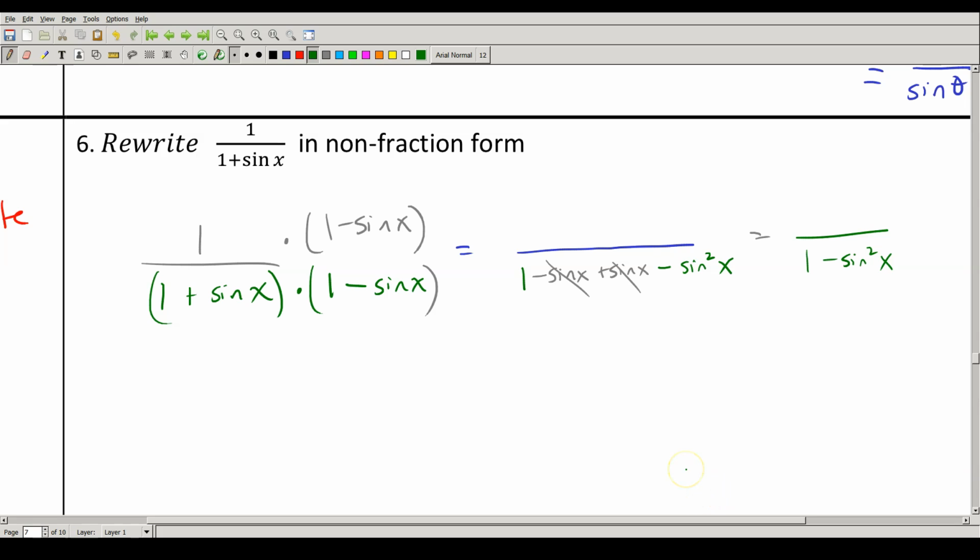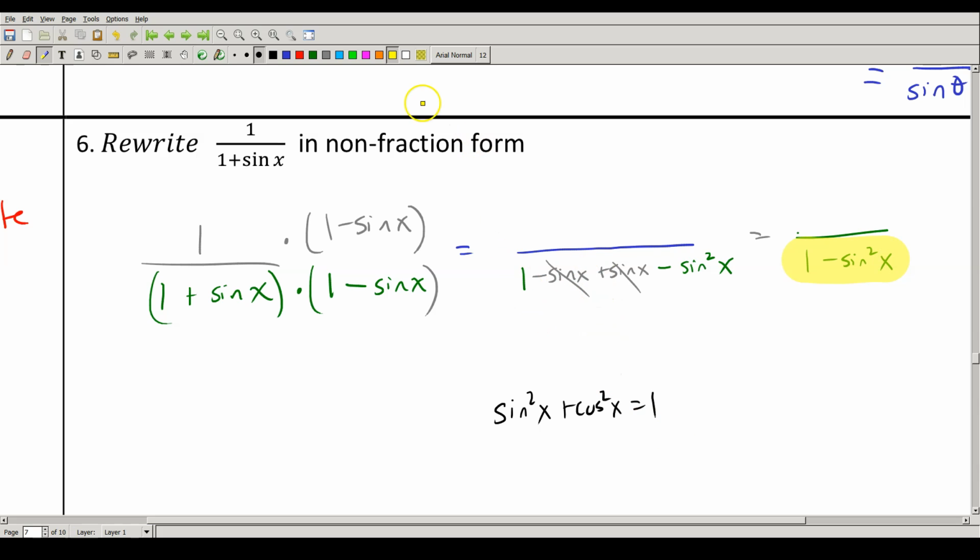Now let's take this a step further. What is 1 minus sine squared x? Think back to your trig identities, think back to the main one. Sine squared plus cosine squared is always equal to 1. And I can fit a little puzzle piece here.